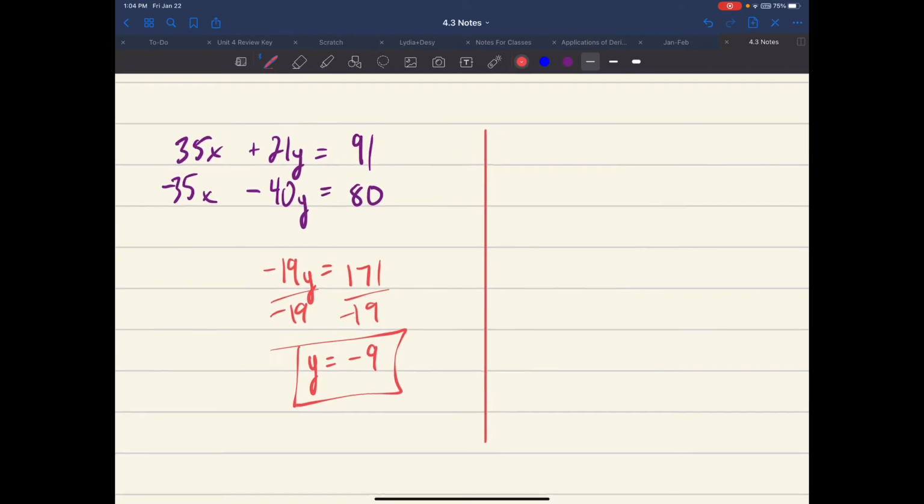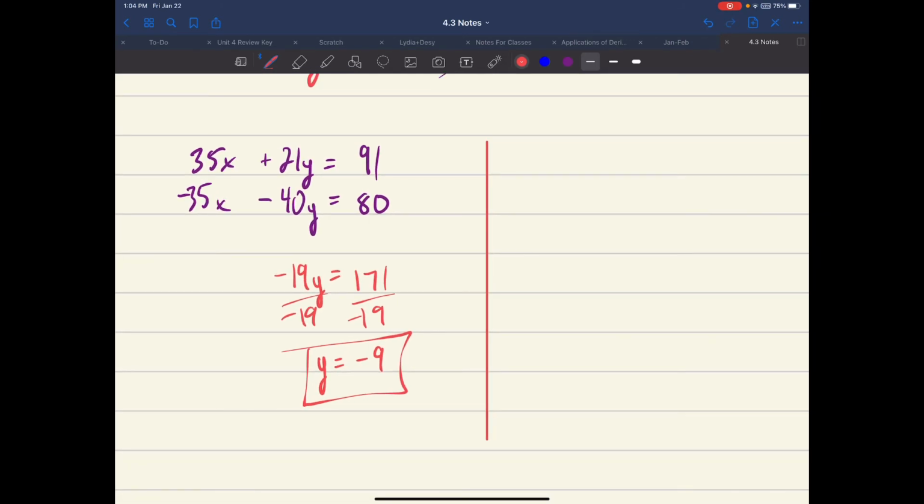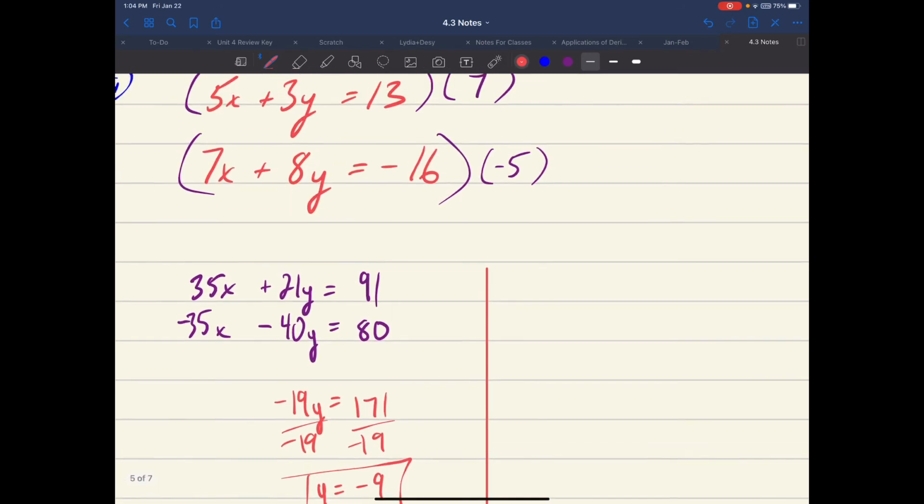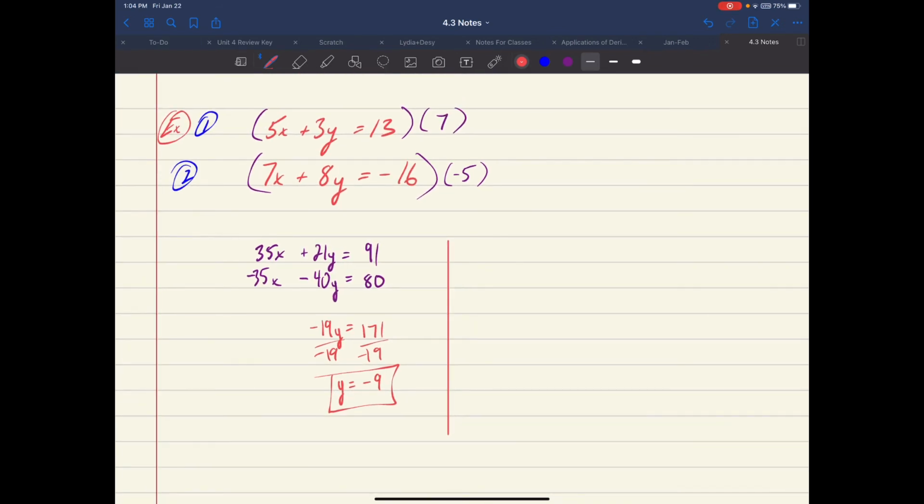Okay, just like any other one of these questions, we use that value and we plug it in. So this one, the numbers are getting pretty big. So 35s, 20s, 91s. I'm not going to use that. So I'll use one of my originals. So I'll use 5x plus 3y equals 13. Because the numbers are smaller, it's going to be the same number, believe it or not.